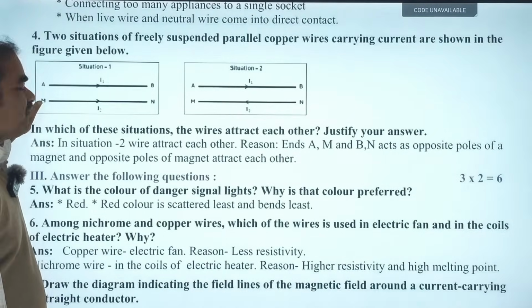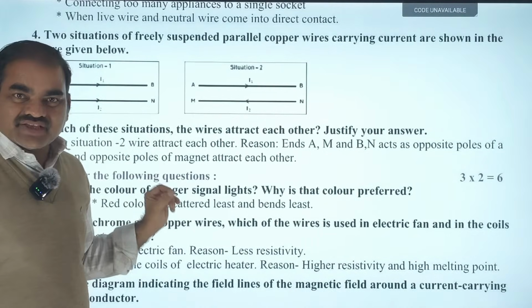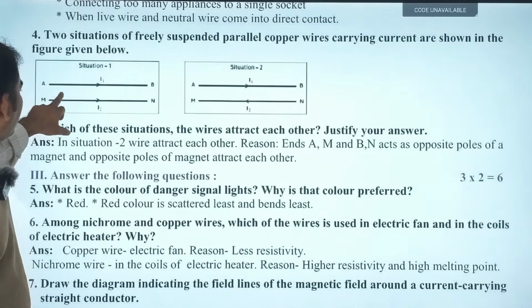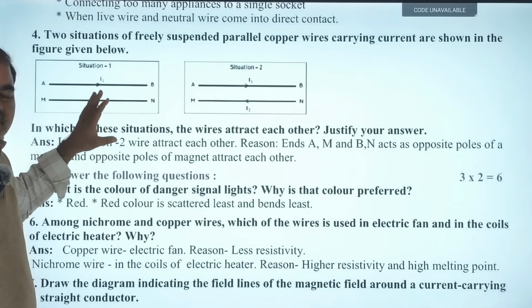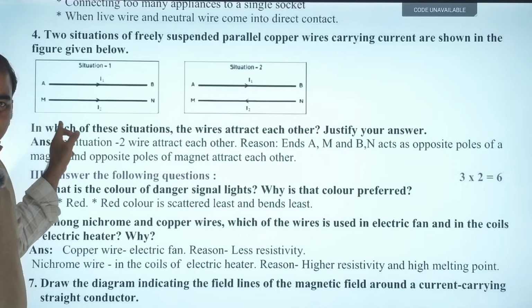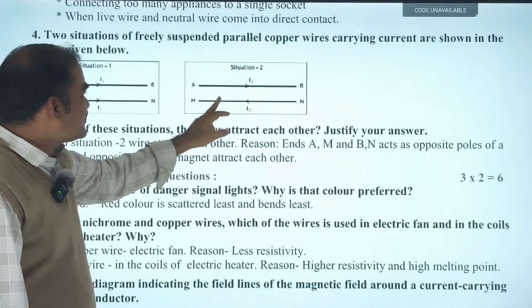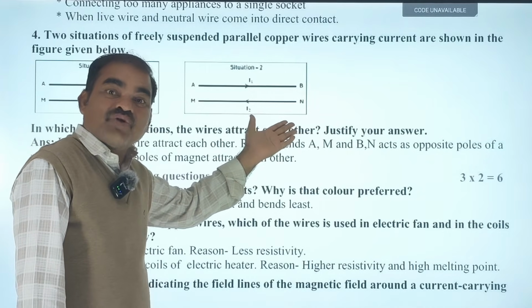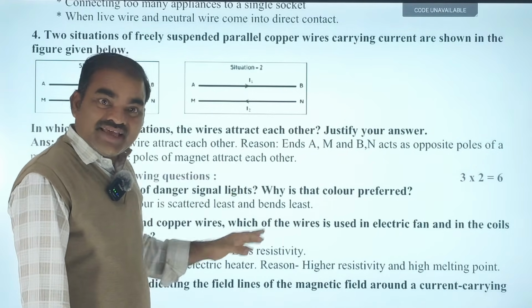And here in the fourth question, two situations are given. So here two wires are there, and currents are moving in the same direction in situation 1, and in situation 2, currents are moving in opposite directions.